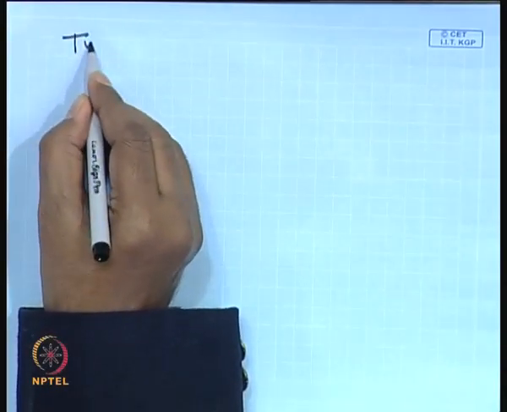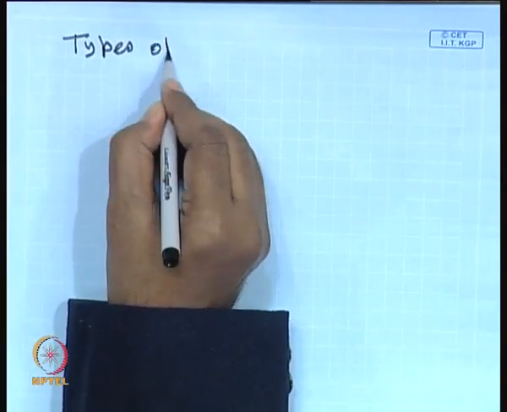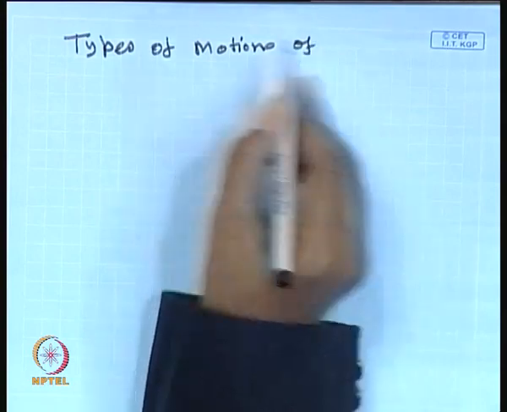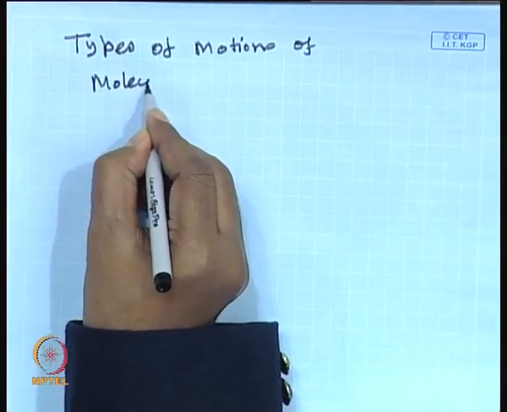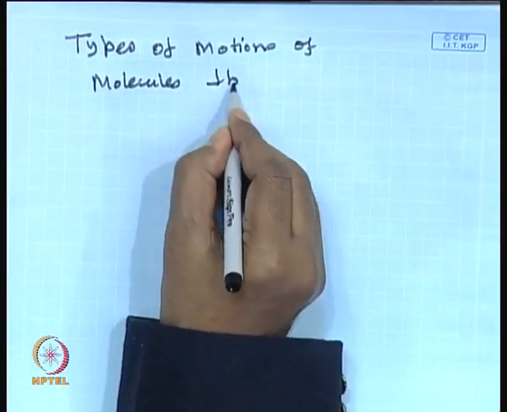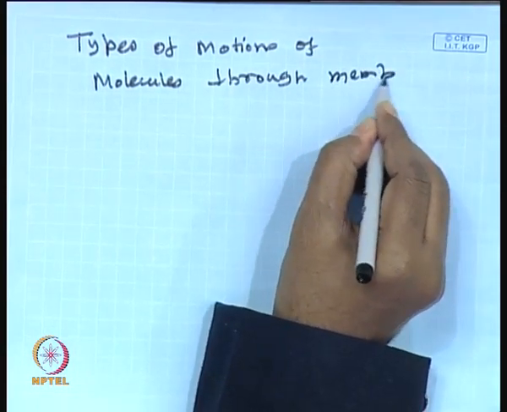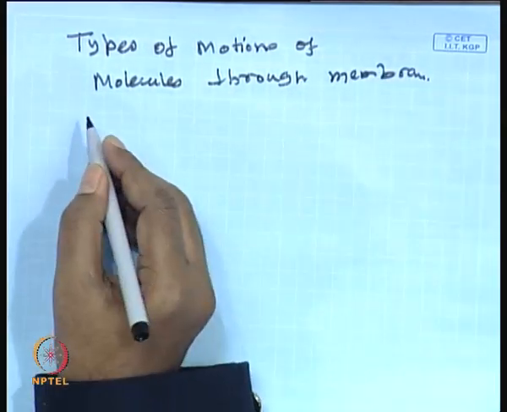Now, let us look into the types of motions. Types of motions of molecules through membranes that one can encounter in the membrane.